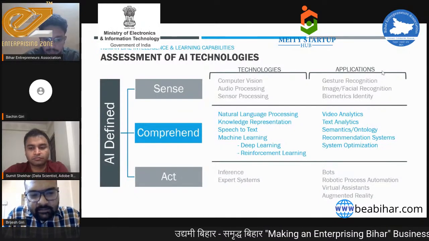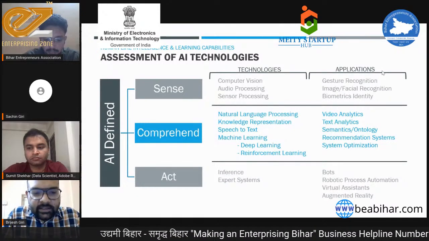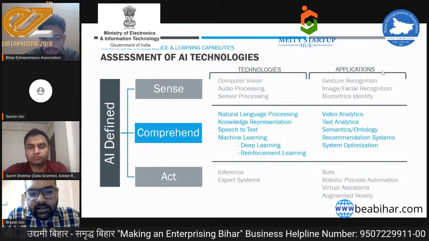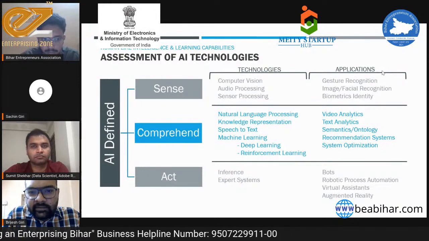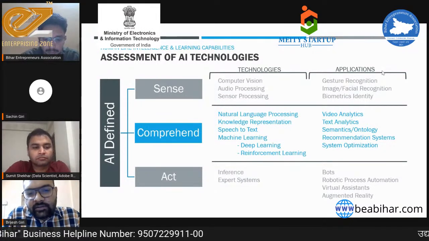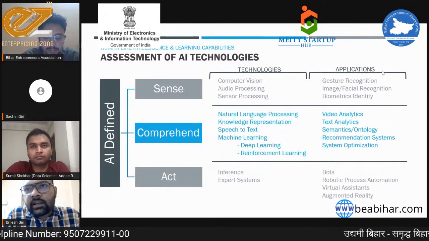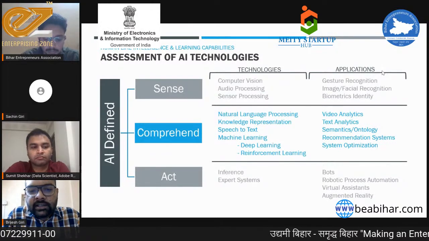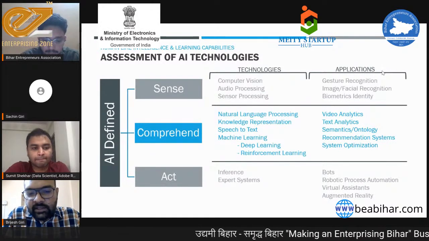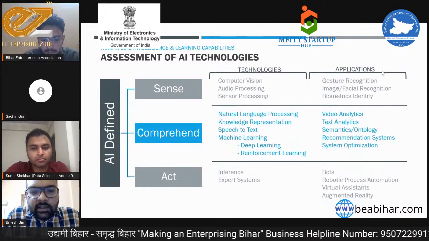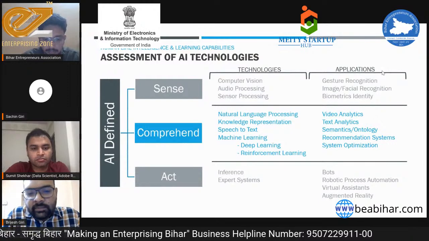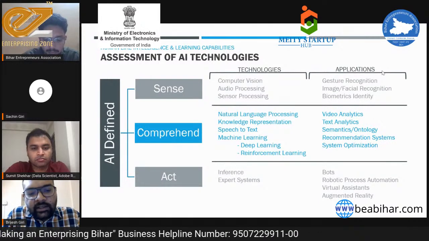So the next stem of AI is to comprehend, and to make predictive decisions, right? The main technologies under this branch are natural language processing, speech to text conversion, and machine learning technologies like deep learning and reinforcement learning.